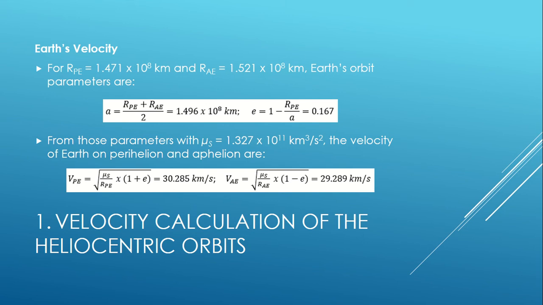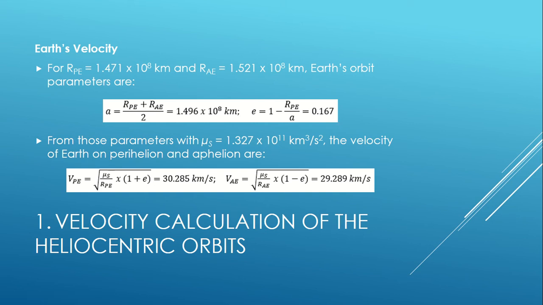We get the semi-major axis 1.4196 times 10 to the power of 8 kilometers. We can also get e with this equation: 1 minus radius perihelion of Earth divided by semi-major axis, and we get 0.167.